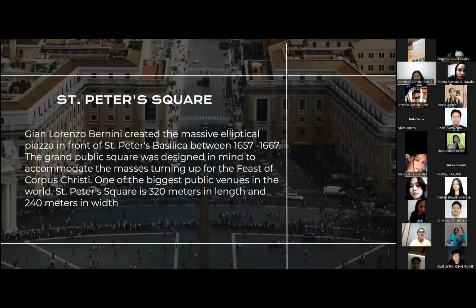Its huge elliptical Saint Peter's Square was designed by Gian Lorenzo and built between 1656 and 1667. There are two beautiful fountains in the piazza. The south left one by Carlo Maderno, built in 1630, and the northern right one by Bernini. Next slide po.